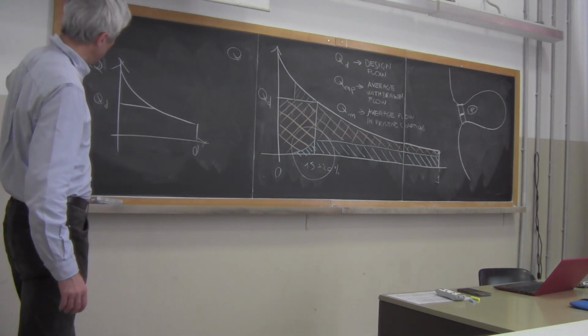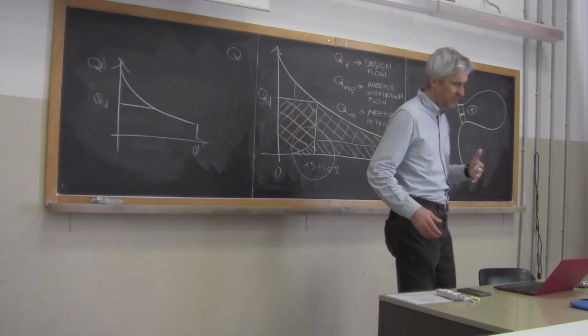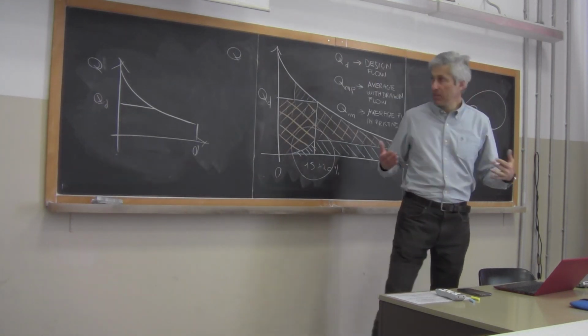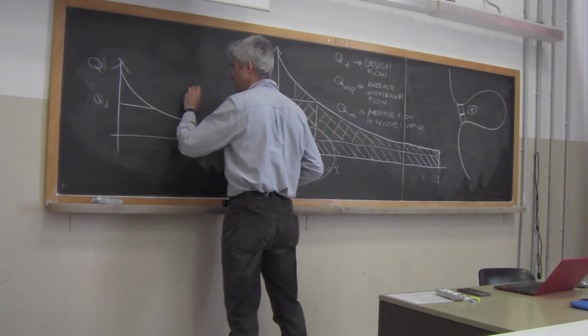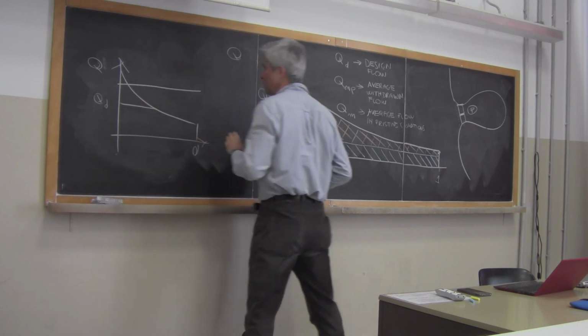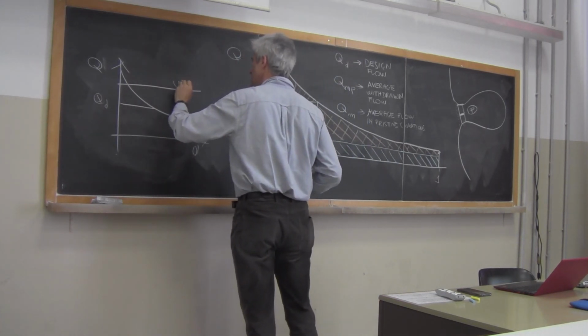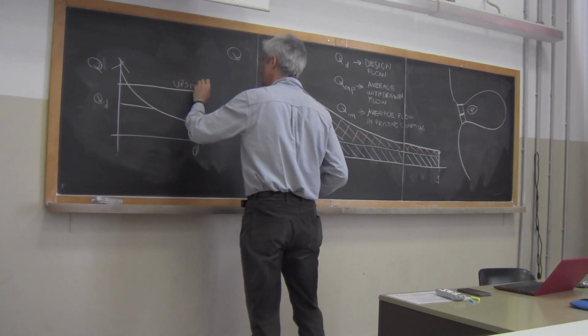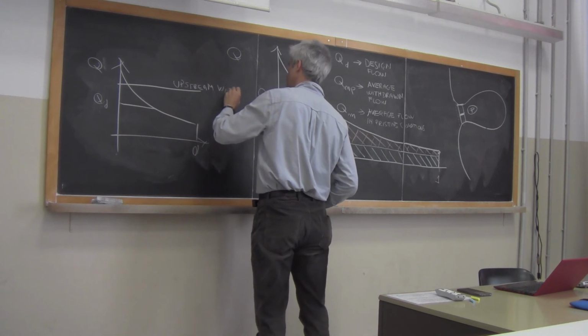And then what is depicted here, it's interesting, is the varying head, because the upstream water level is more or less constant. Here I am depicting the water level. So this is the upstream water level, and I need another axis to depict it.